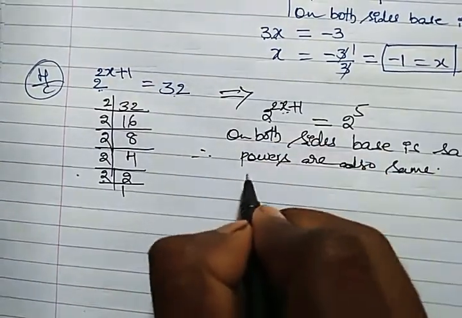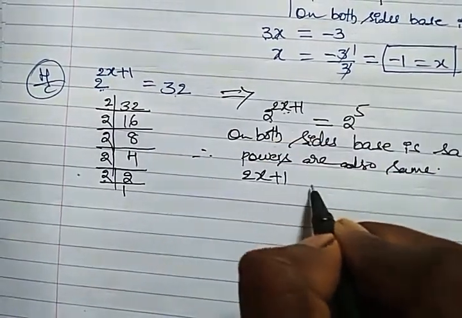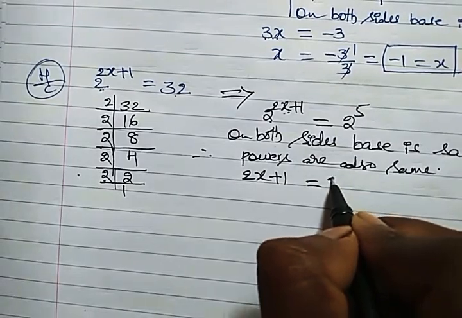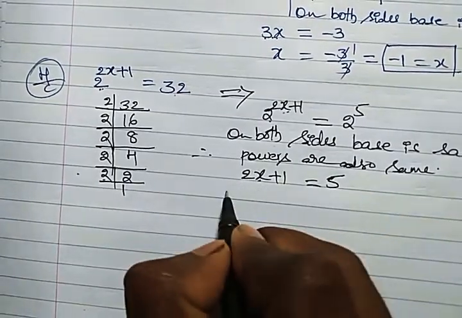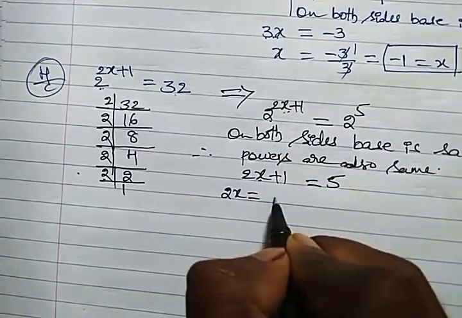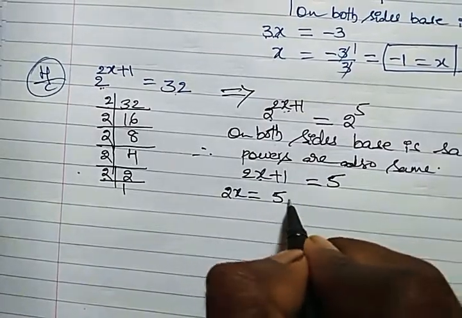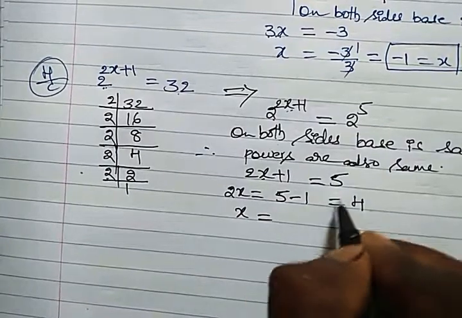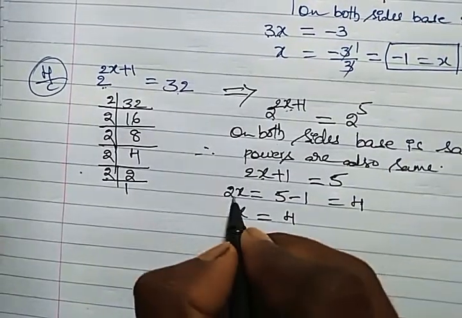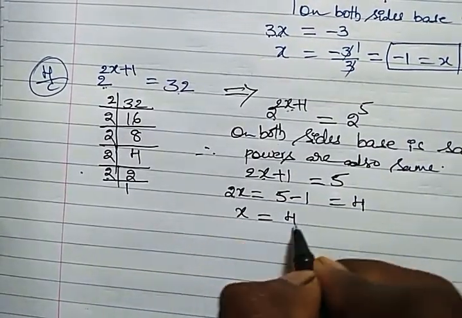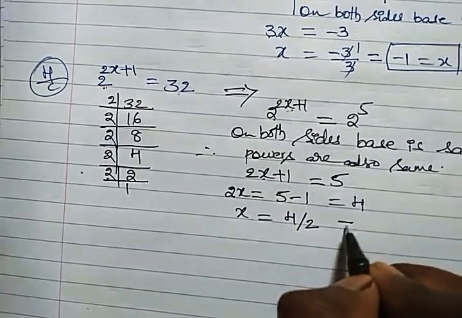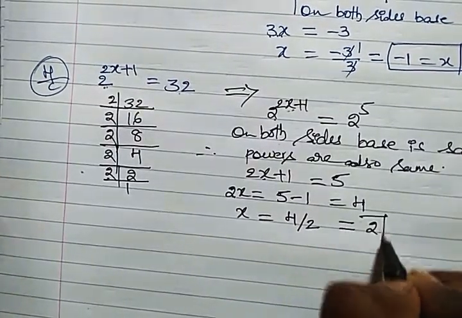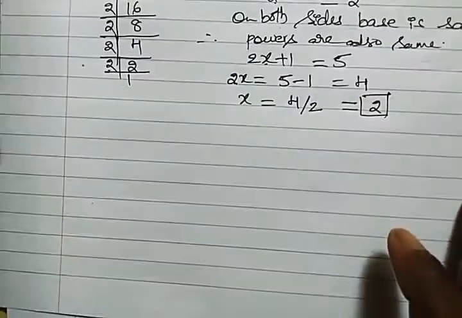What are the powers? 2x plus 1 is equal to 5. Now we need only the x value. So 2x is equal to 5, this plus 1 comes to the other side, minus 1, it is equal to 4. Then x is equal to 4 by 2. 2 is in product, when it comes to the other side, it comes to the denominator. 4 by 2 is equal to 2. So the x value is 2 in 4C.